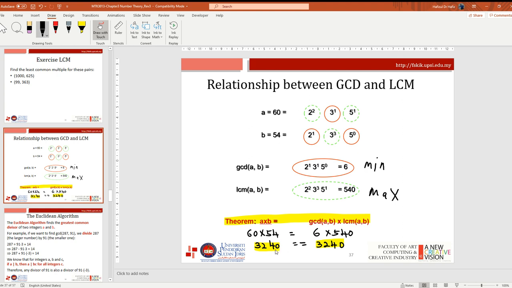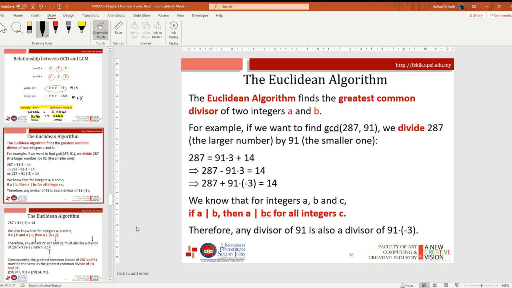And then we can conclude that we can find this number using the theorem a multiplied by b.